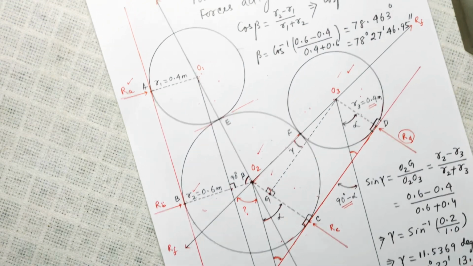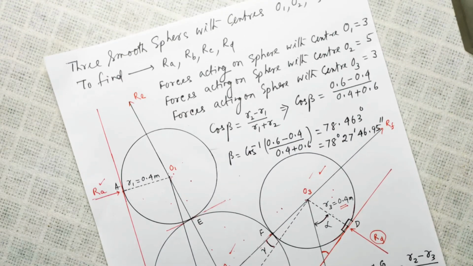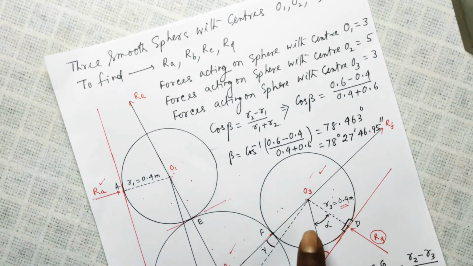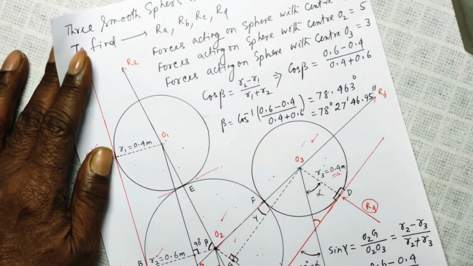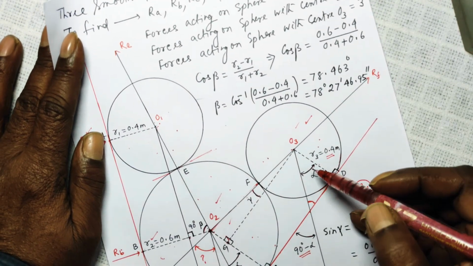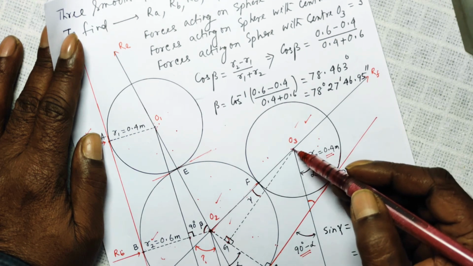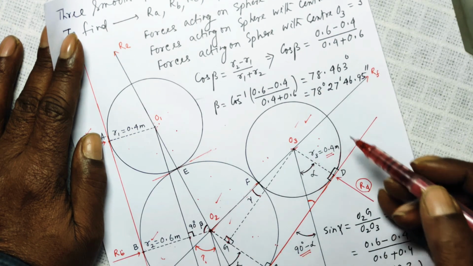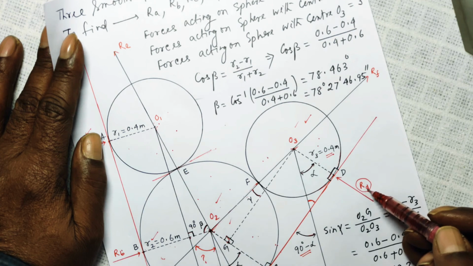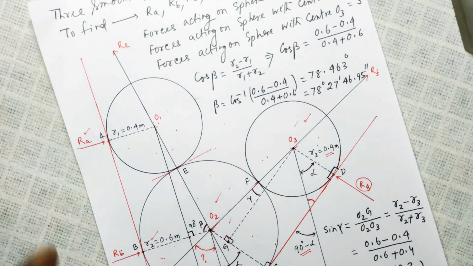There are 5 different forces. Similarly, the forces acting on the sphere with center O3: there are 3 forces. Its weight, the reaction force RF and the reaction force RD at this point.